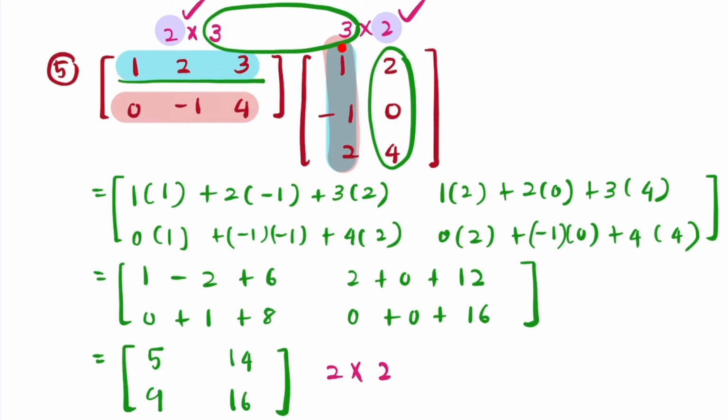Row 1 multiply with column 1. Put your answer here. Row 1 multiply column 2. Put your answer here. Row 2 multiply column 1. Put your answer here. And row 2 multiply column 2. Then this is the place. As usual, we multiply and then we add them up. And finally, you can write the answer as 2 by 2.